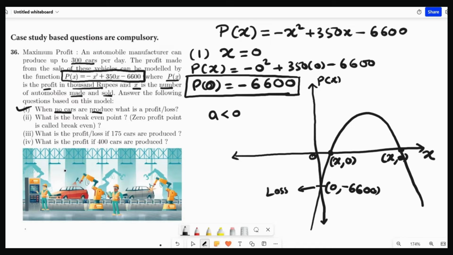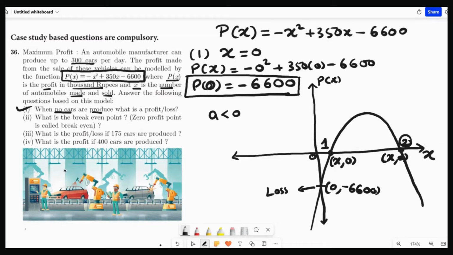The first value, where I am writing 1, once we substitute in the polynomial, we'll get some profit. Where I am writing 2, that value of x, if we substitute in the polynomial, we'll get the second profit. That means when we manufacture or sell that many automobiles, we have a profit or loss, we'll know that. So there are two values of x, two zeros, for which there will be corresponding profits.